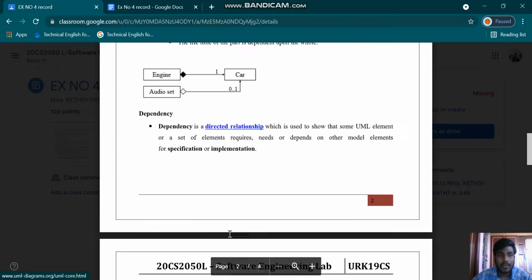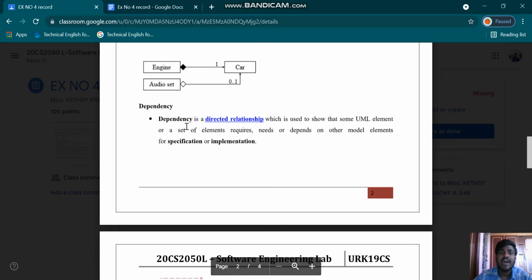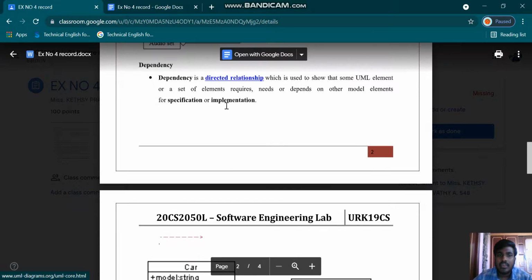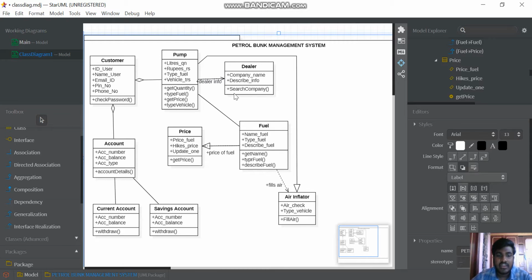Now coming to dependency. Dependency is a direct relationship, as mentioned here, used to show that some UML element or a set of elements requires, needs, or depends on another model element or specification or implementation. We can see a dependency example. As I mentioned here, see here, pump to dealer, that is dealer info. The pump provides the dealer information.